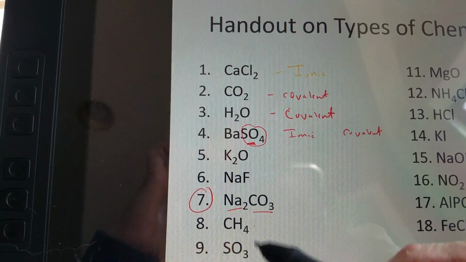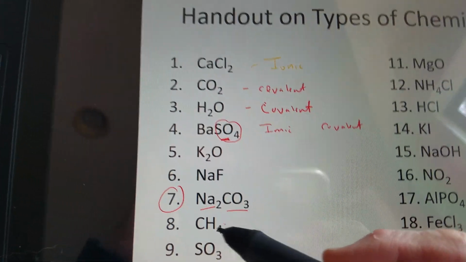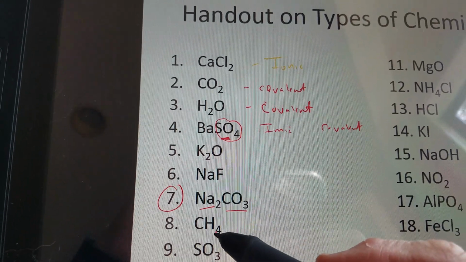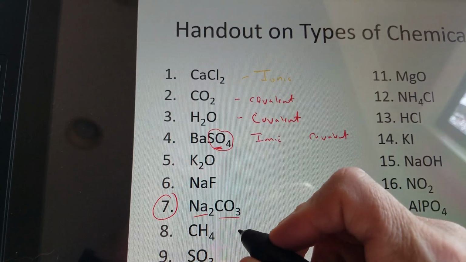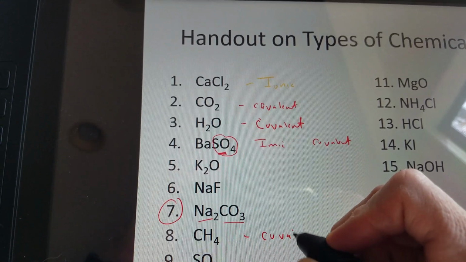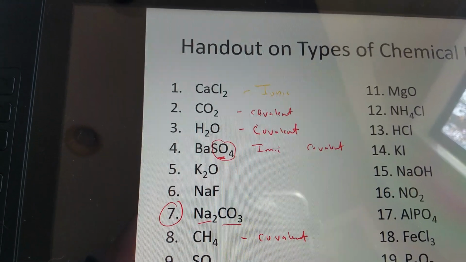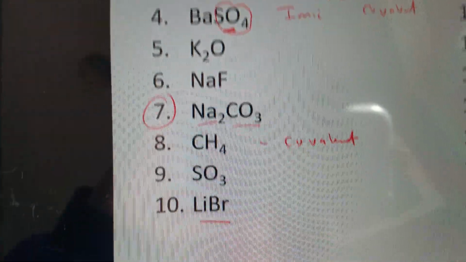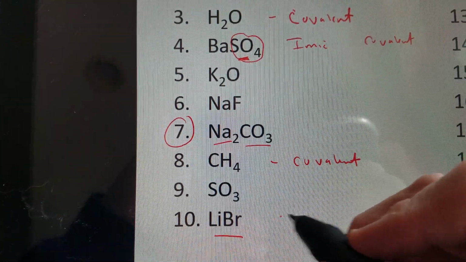If I'm looking down in this chart, what would number 8 be? I have a carbon and a hydrogen, both of these are nonmetals, so that's going to make this a covalent bond. And what about the last one? On this one, metal with a nonmetal, that makes it ionic.